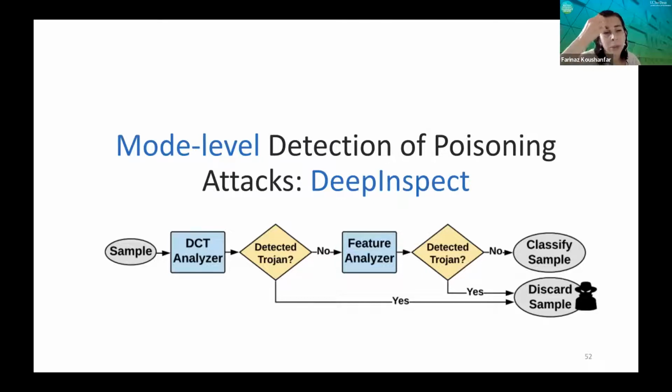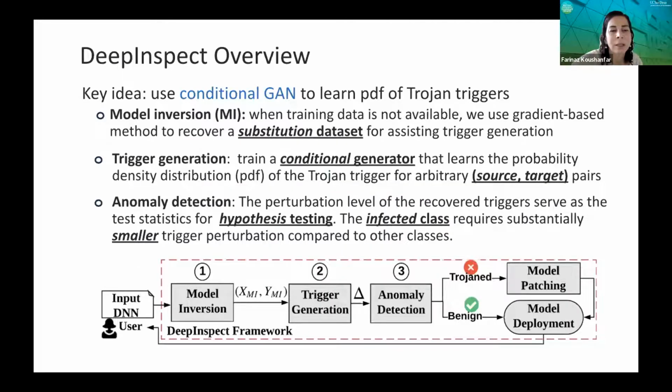Now I want to go to another detection of the poisoning attack, namely DeepInspect. Here, the key idea has been to use a conditional GAN to learn the PDF of the Trojan triggers.